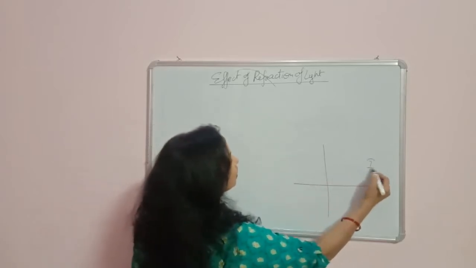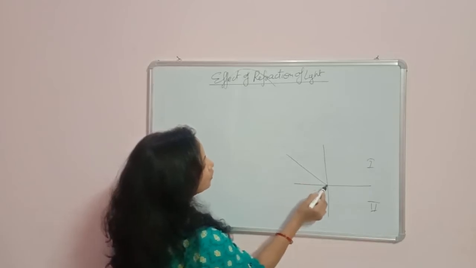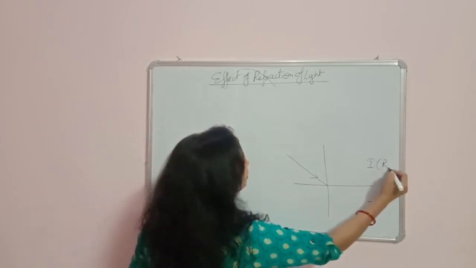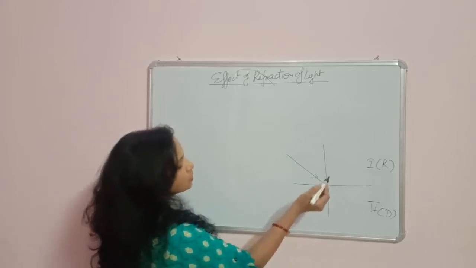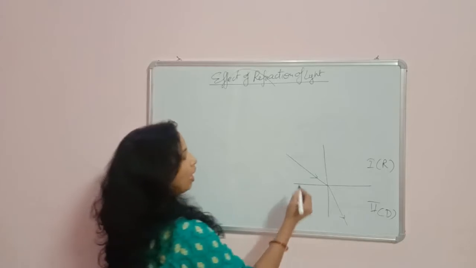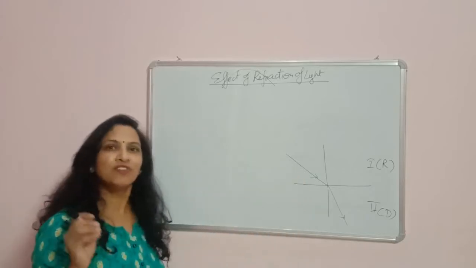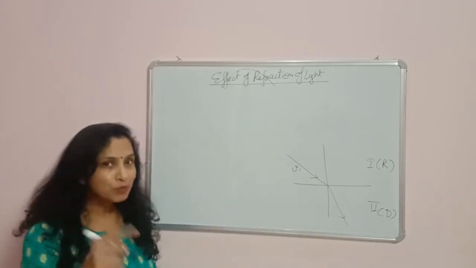Suppose this is medium 1 and this is medium 2, and the light passes from medium 1 to 2, and suppose this is a rare medium and this one is the denser medium. So the light will be bent towards the normal like this. And suppose the speed of light in medium 1 is v1 and in medium 2 is v2.